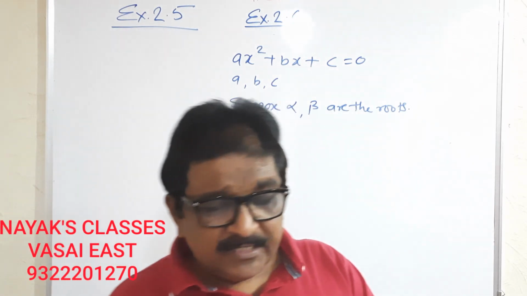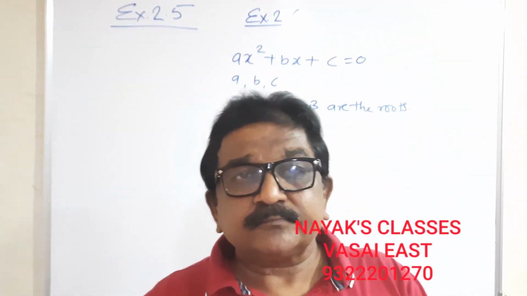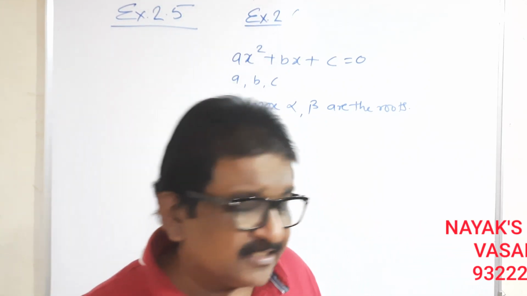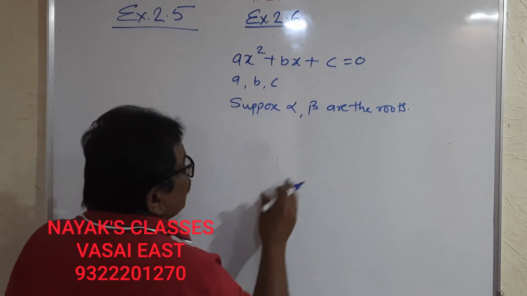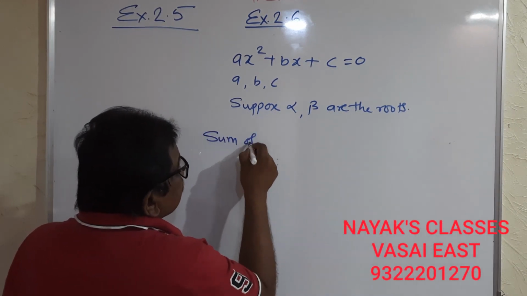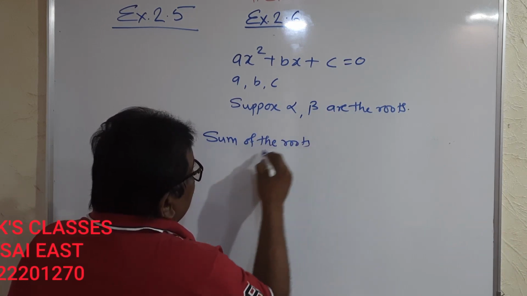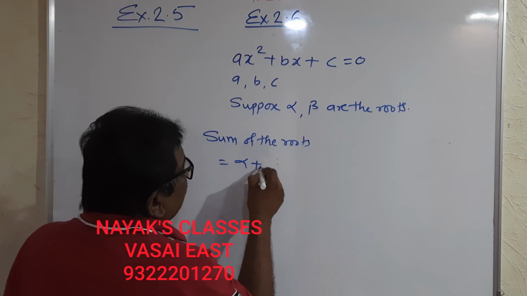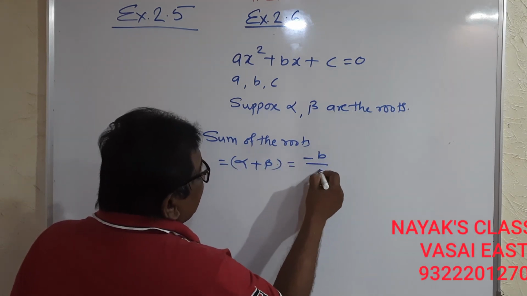We are on page number 46. So alpha and beta are the roots. Then the sum of the roots, alpha plus beta, is equal to minus b upon a.